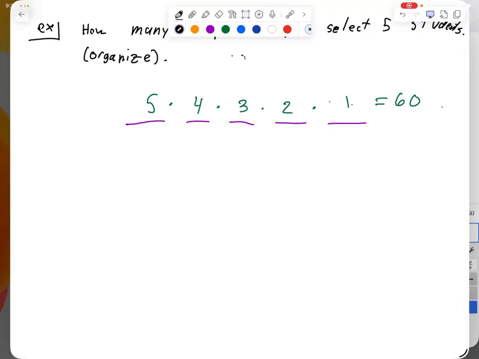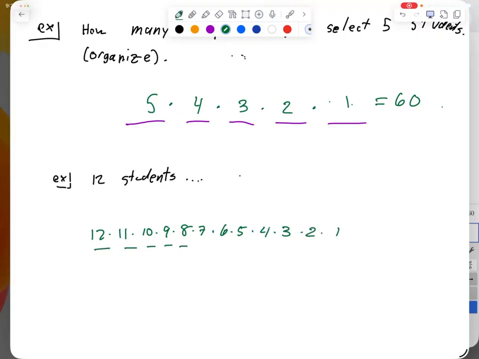Now, what happens if there were 12 students? Well, it's going to be 12 times 11 times 10 times 9 times 8 times 7 times 6 times 5 times 4 times 3 times 2 times 1, one for each of the spots.